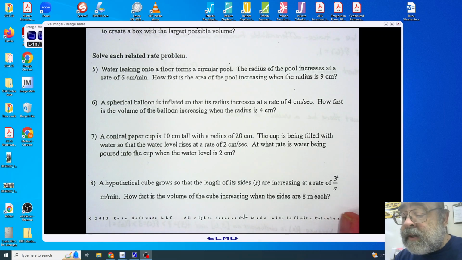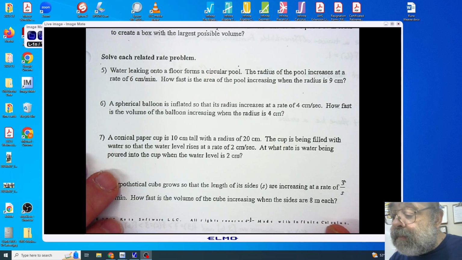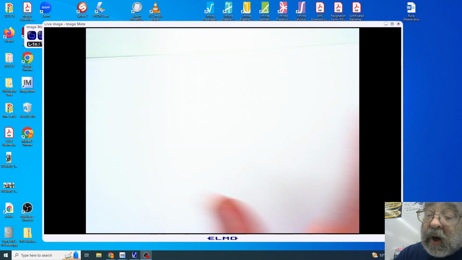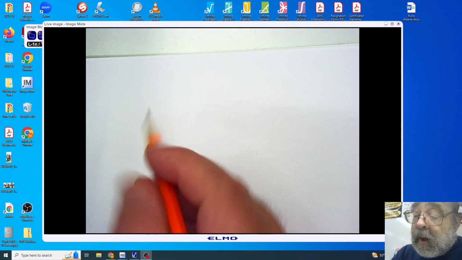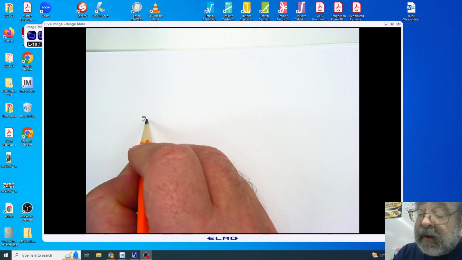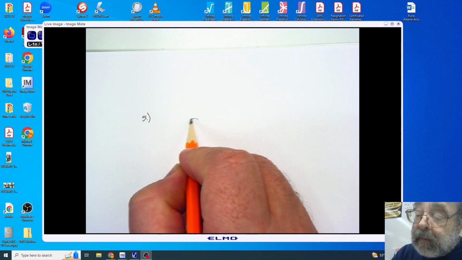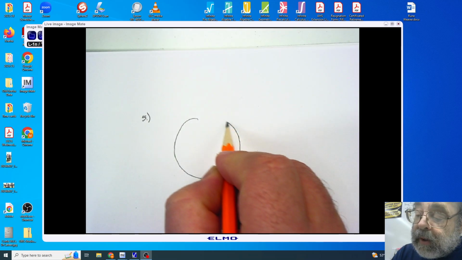Alrighty, let's go ahead and take a look at the first one. Water leaking onto the floor forms a circular pool. So the whole idea here is we're going to want to start by figuring out a circular pool. So this was number 5, and if I have a circular pool, I'm just going to draw a circle.